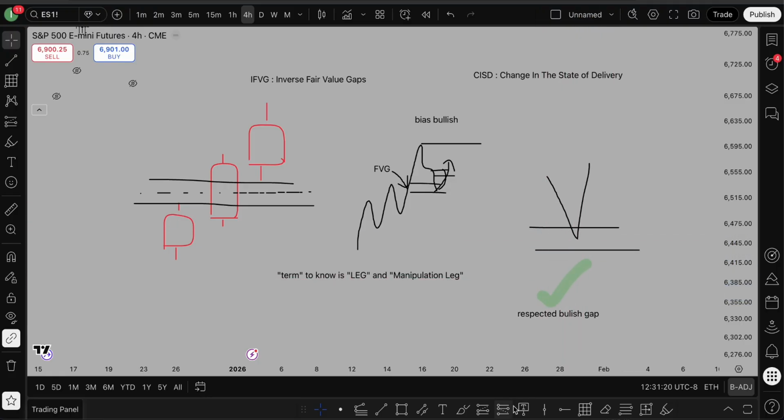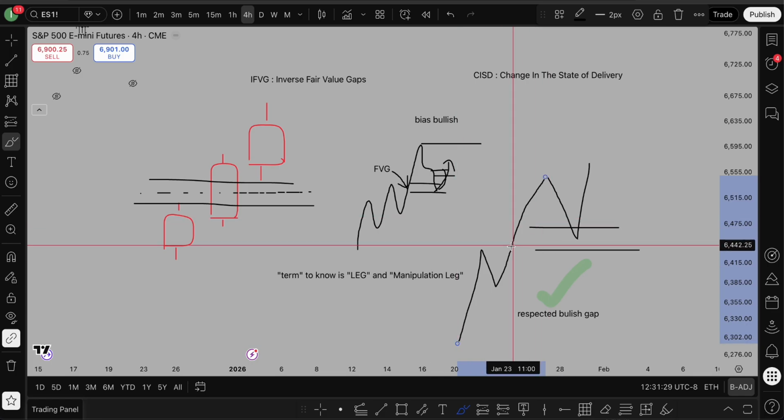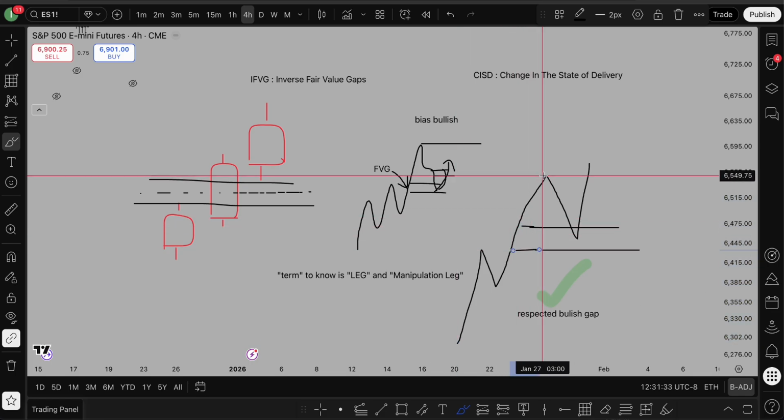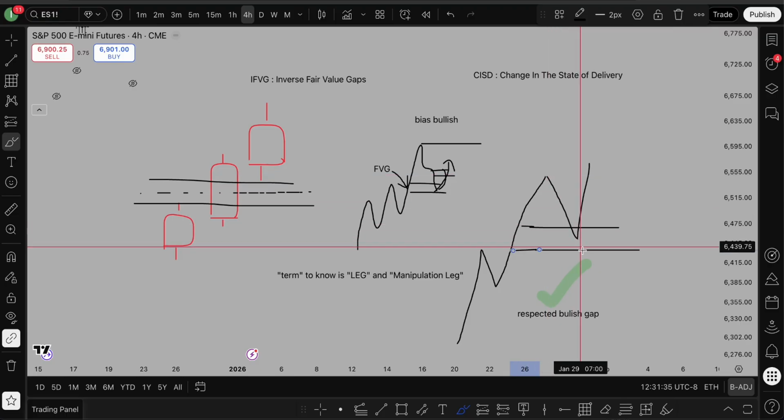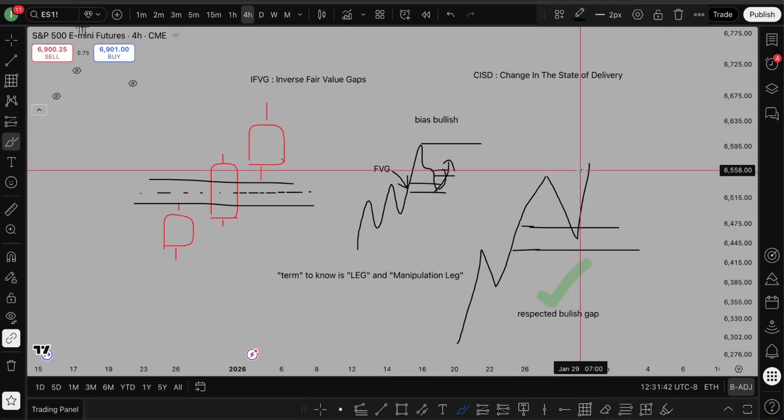We just respected the gap. Sorry if I'm over explaining this, but I really just want to make you guys understand, right? So this gap was created on the bullish leg up. Okay, we came into it and we didn't trade below it. We just stayed within it and we had a nice reaction out of it. So we respected it, okay?